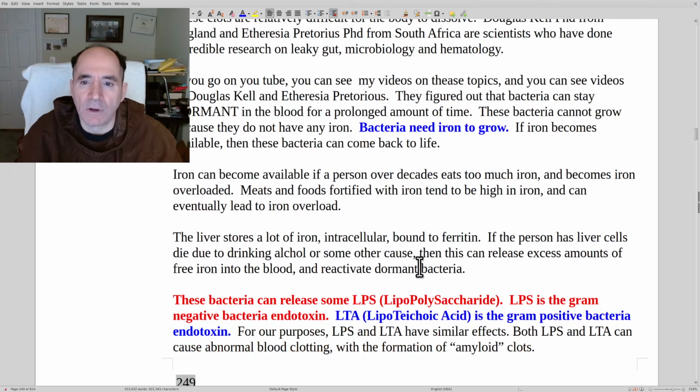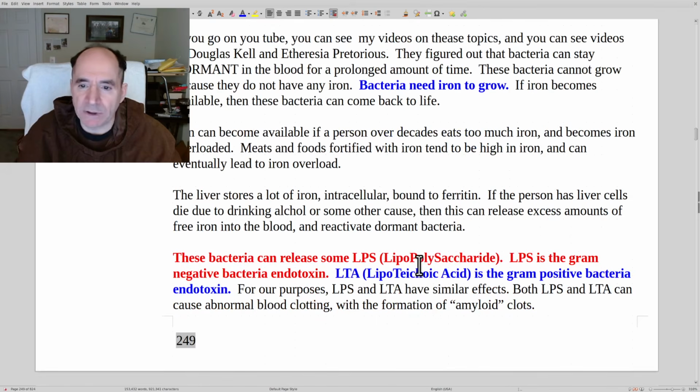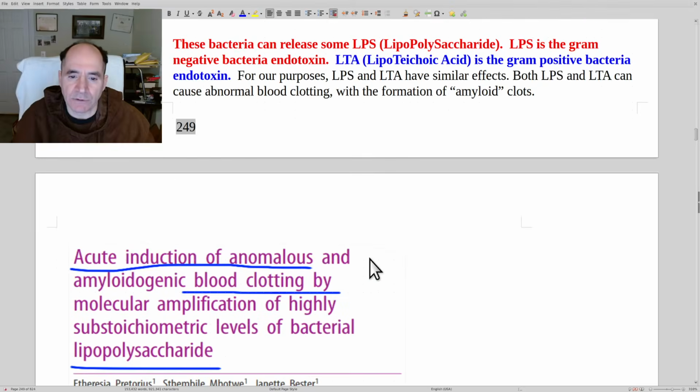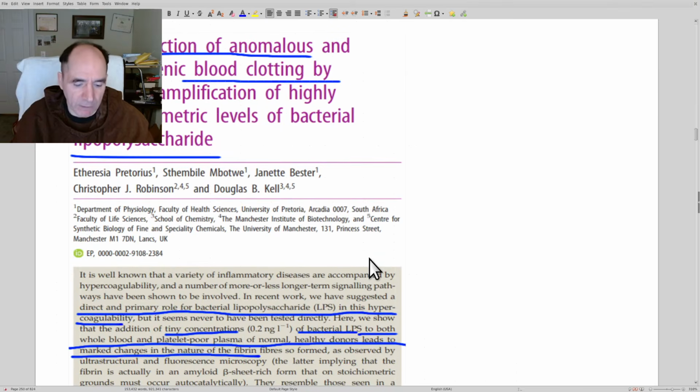Okay. So, yeah, that was a key point we made, that bacteria need iron to grow. You should always think of those things together. That's a real key fact. Okay, we talked about LPS being the gram-negative bacterial endotoxin, LTA, the gram-positive bacterial endotoxin. I'm going to go into some of the research papers here in just a moment. And so that was the background information to make sense of this stuff.